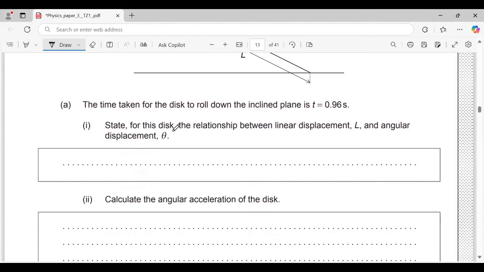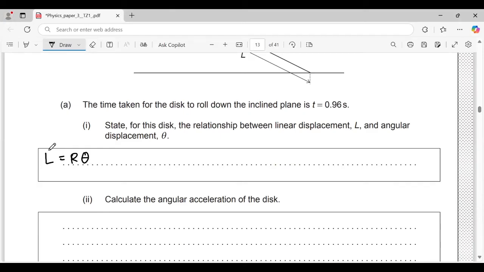State for the disk the relationship between linear displacement L and the angular displacement theta. When a solid disk rolls without slipping, the relationship between linear displacement L and angular displacement theta can be written as L equal to the radius times theta.